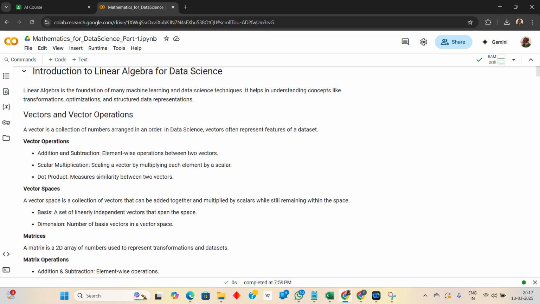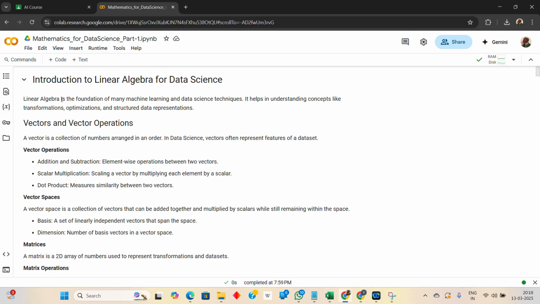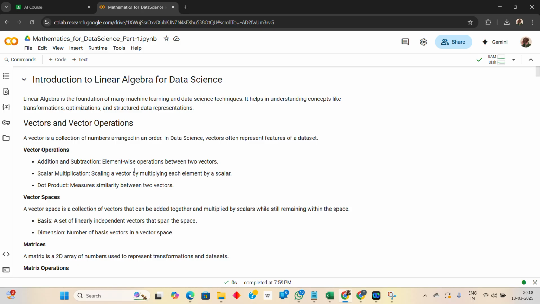Linear algebra is the foundation of many machine learning and data science techniques. It also helps us in understanding transformations, optimization, and structured data representation. These are the three concepts where linear algebra is used, especially optimization algorithms.